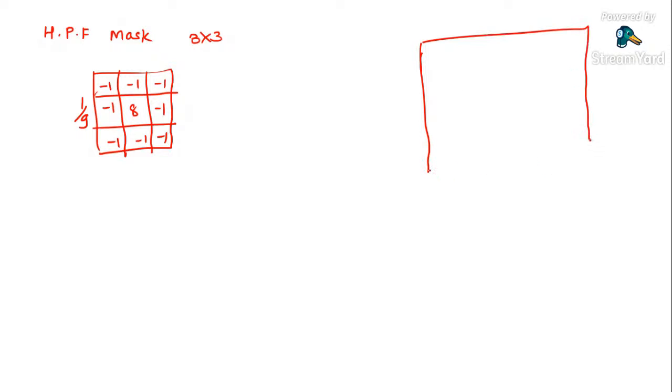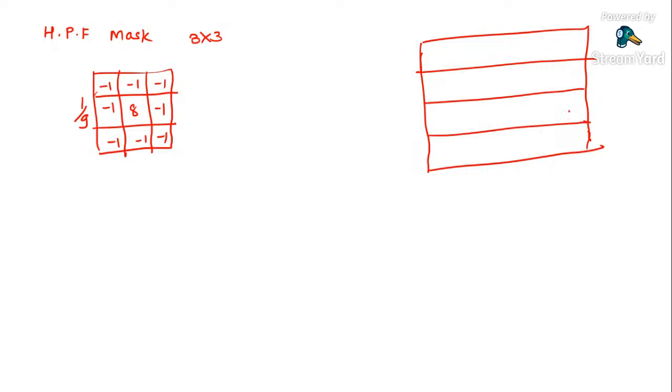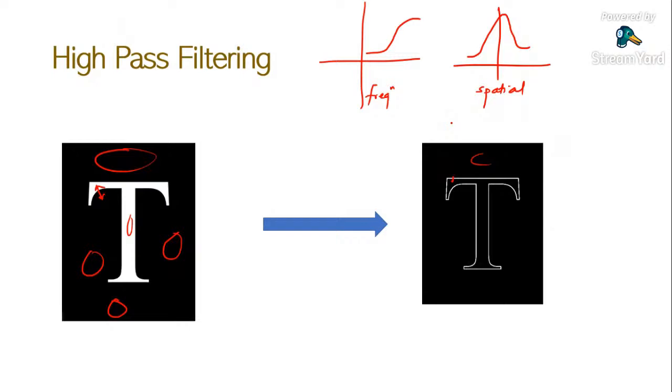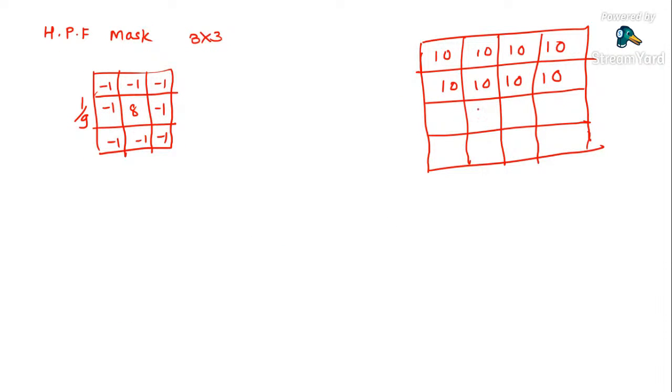How to apply it? We will apply it on the same problem we discussed in the low pass filter. So it is 10, 10, 10, 10, 10, 10, 10, 10, and next was 100, 100, 100, 100, 100, 100, 100, 100, 100, 100, 100, 100.